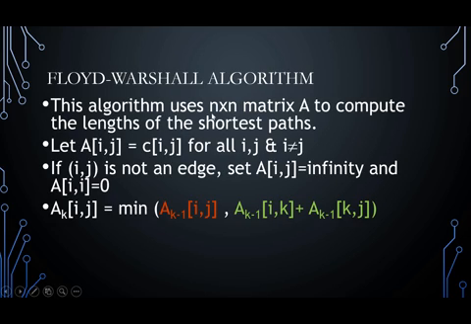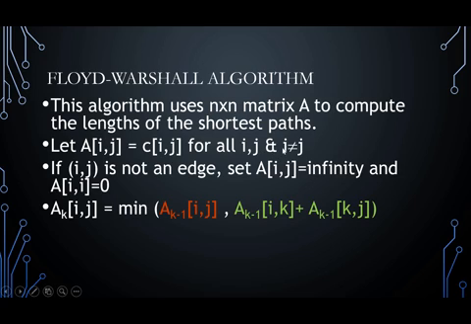So Floyd's algorithm makes use of your cost adjacency matrix, which is an n cross n matrix, right? Each time, we set A of ij equal to C of ij, which is the cost for all i comma j.